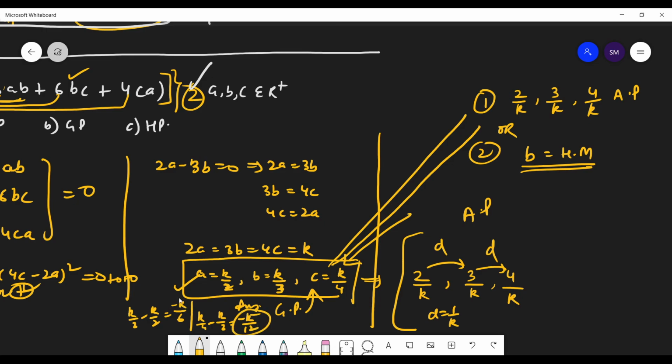So this common difference is not the same, so it means they are not in AP. Now find their common ratio. So k by 3 upon k by 2, so cancel out 2 by 3, and here you will get 3 by 4. So they are not in AP, they are not in GP. So they are in HP.